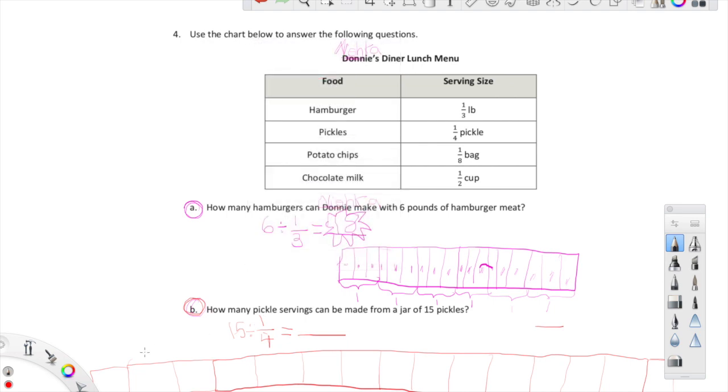Okay. So now it's 15 divided by 1/4. Since we divided this into 3 like we said, we're going to divide this into 4. Oops, sorry, that's a little messy. Okay, that's better. This is a lot of boxes.